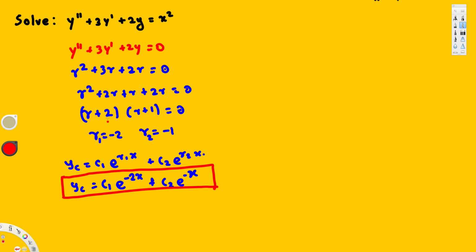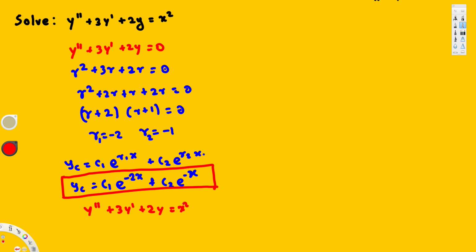Now the next step is we are going to find the particular solution of the non-homogeneous differential equation. So we take the non-homogeneous part, and that's going to be y double prime plus 3y prime plus 2y is equal to x square.